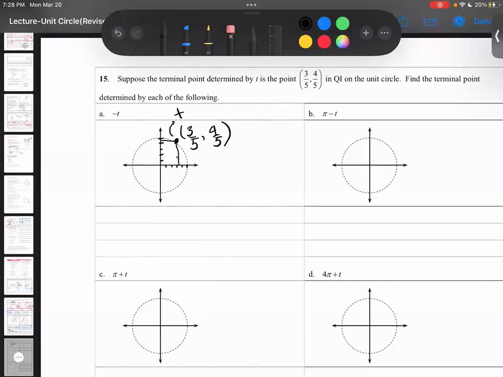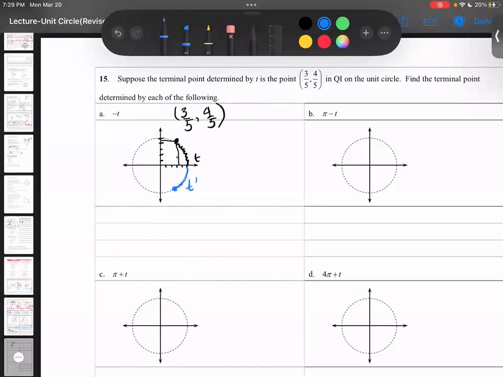So that's right there. That's t. I want negative t. So all you do is you go back, you go back like that. So that's right there. That's negative t.